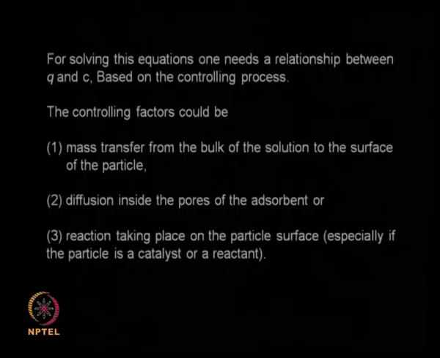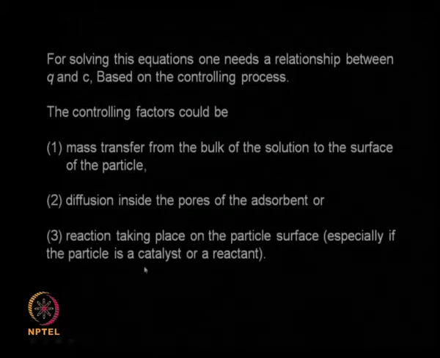Number 2, if there are pores in your stationary phase, there could be diffusion of the solute into the pores, so that could be controlling. If there is a reaction taking place, then the reaction also may be controlling, but in a normal chromatographic system we shall completely omit this. So these two things may be happening.